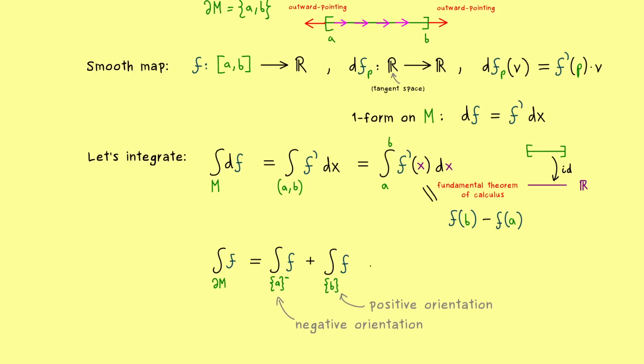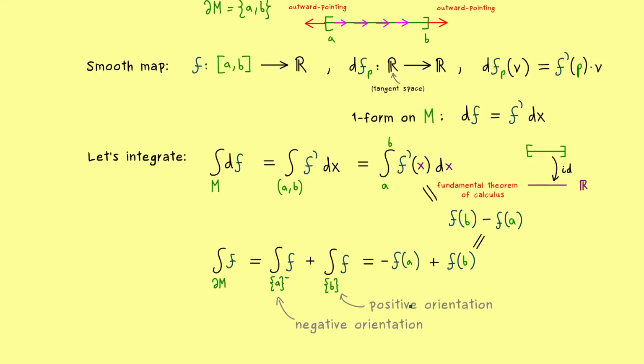And evaluating zero-dimensional integrals is quite simple, because we just have to put the point into the function. Hence the first one is f of A and the second f of B. However, as already mentioned, the first entry f of A gets a minus sign. And with that, we immediately recognize that we get the same result as the integration of the one form.